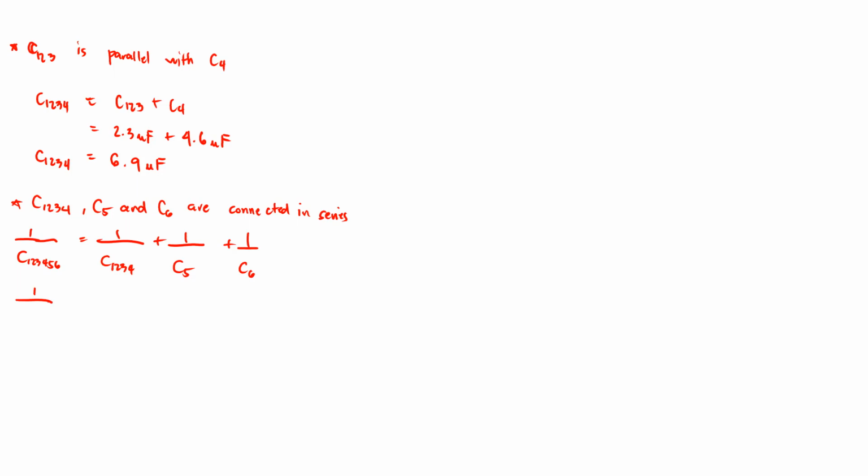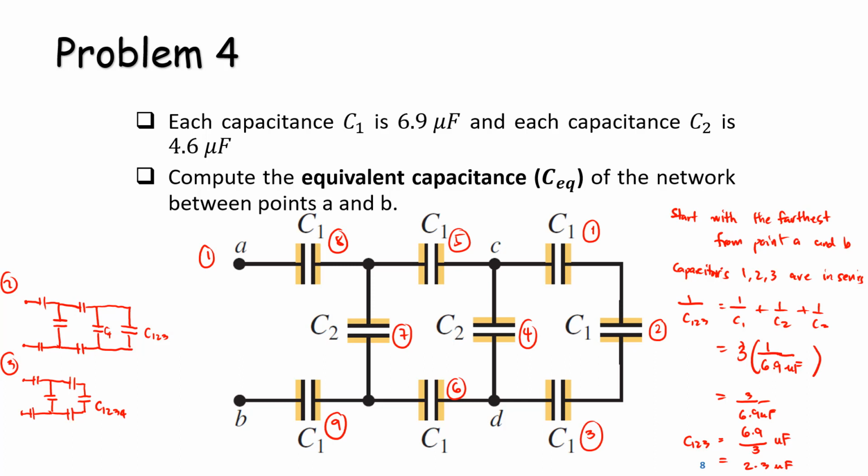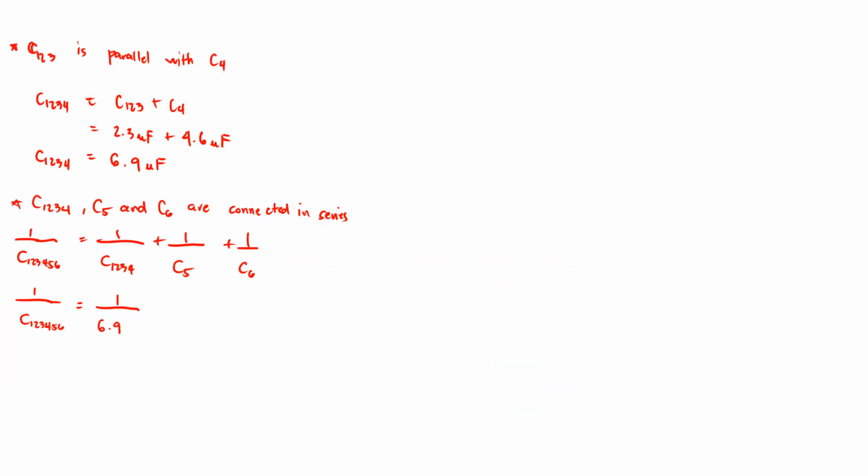So 1 over C123456 is equal to 1 over 6.9. Your C5 is C1, and your C6 is equal to C1, which is 6.9 microfarad. Therefore, you will just multiply this with 3. So this is equal to 3 divided by 6.9 microfarad. Therefore, your C123456 is equal to 2.3 microfarad.